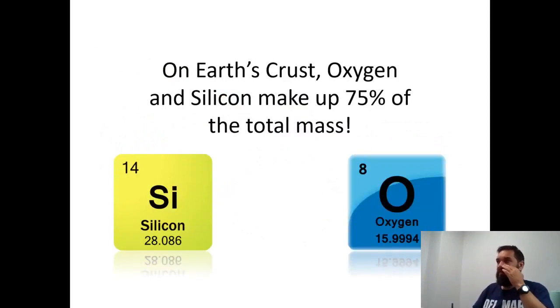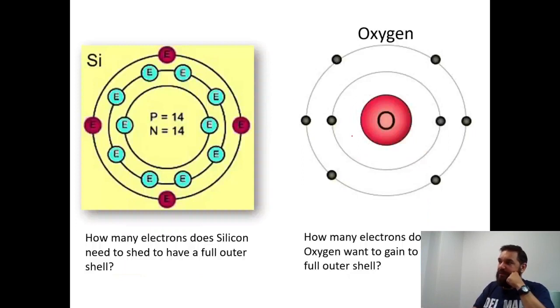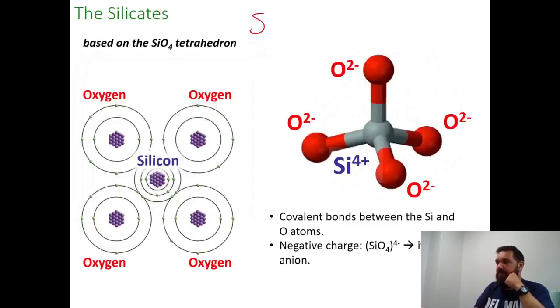All right, remember that 75% of Earth's crust is made up of just 2 elements, silicon and oxygen. Silicon and oxygen love to bond. When they bond, the silicon is going to create a molecule with 4 oxygens surrounding it.